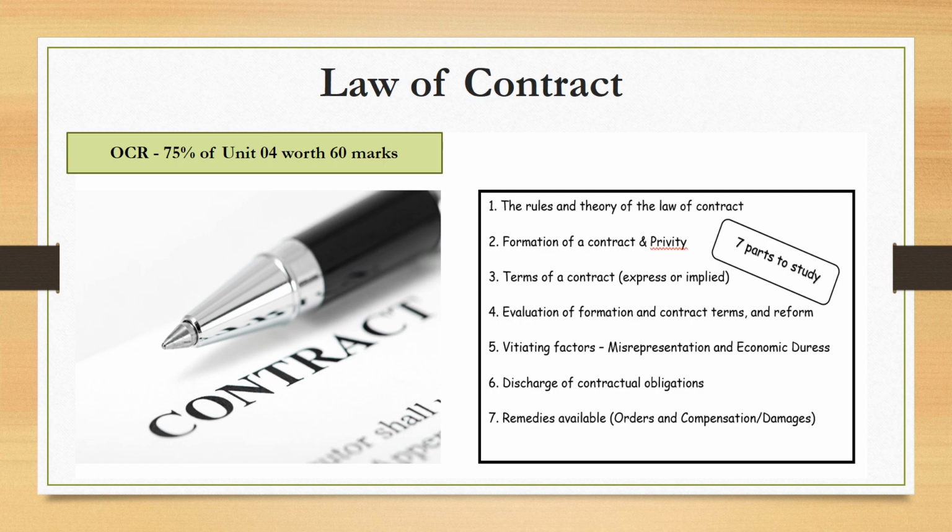The idea that a contract can be voidable if somebody has either told you an untruth, which has encouraged you to enter into that contract, or even if their silence has misled you in some way. You've got the other factor here, economic duress, where you might feel forced or pressured illegitimately to enter into a contract, and the courts will protect you in that way.